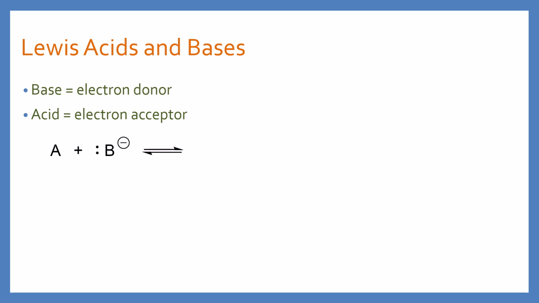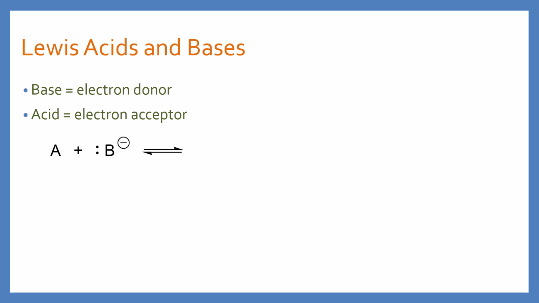What's nice about this one is that this does not limit us to acid-base reactions that involve the transfer of protons, because believe it or not, not all acid and base transactions involve the transfer of protons. There are acid and base reactions that simply involve an electron donor and electron acceptor.